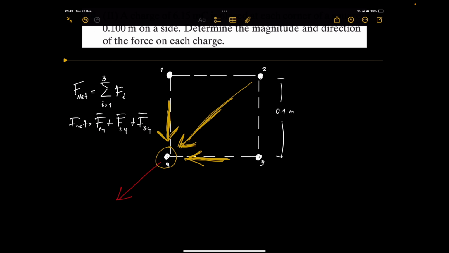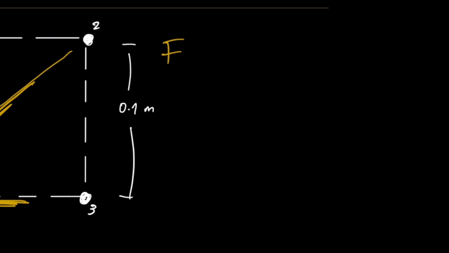So let's calculate each of them. F1 on 4 is going to be only in the y-axis, and we're going to use Coulomb's law again.